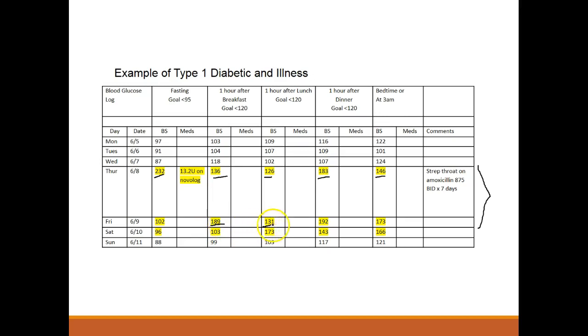Being sick and knowing they were sick, they should have corrected. Since this patient is type 1 and wasn't on a pump, they were using a carb ratio, and they should probably have decreased the carb ratio at this time to make adjustments.